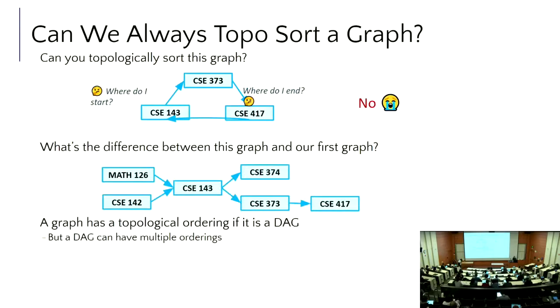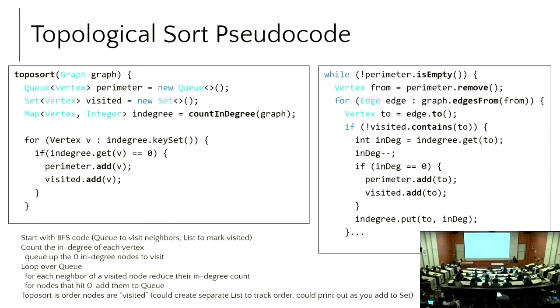And this is then the code for our topological sort. You can see it looks a lot like our BFS code. Here are the differences. I've got my queue, I've got my set, but now I have this map where I'm counting in-degrees, and I'm adding whichever nodes have 0 in-degrees to my queue first.